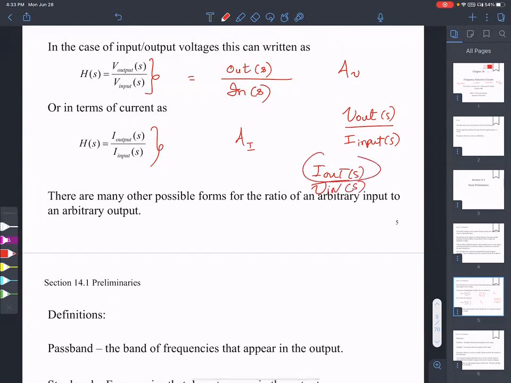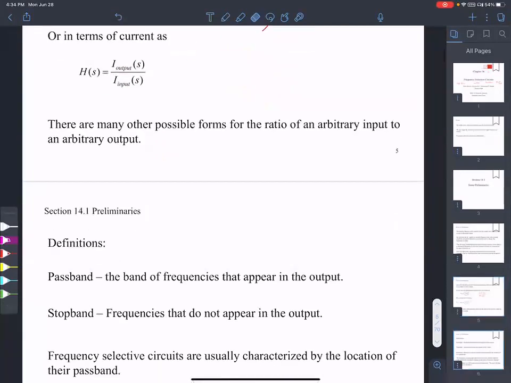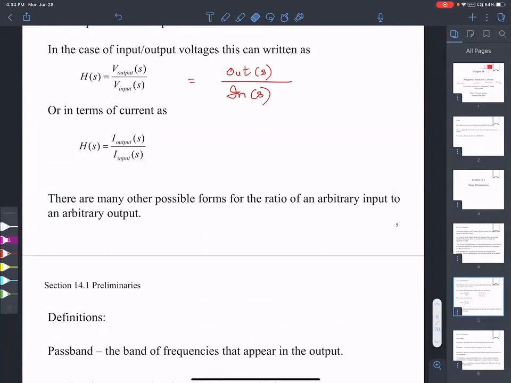If you define a current to be an output and a voltage to be an input, it's called a transconductance, and so on and so forth. That's beyond the scope of this class, but what we should understand is that the output voltage and the input voltage lead to a voltage gain. You're looking at a transfer function that is between two voltages. It doesn't have to be that way. Output and input can each be a voltage or a current.